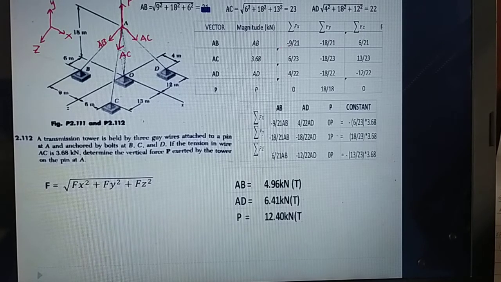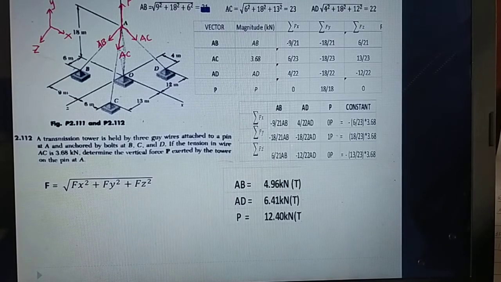So this is negative 9/21 because the x is going to the left for AB, and for the z-axis from A, this is towards us, the 6 meter.